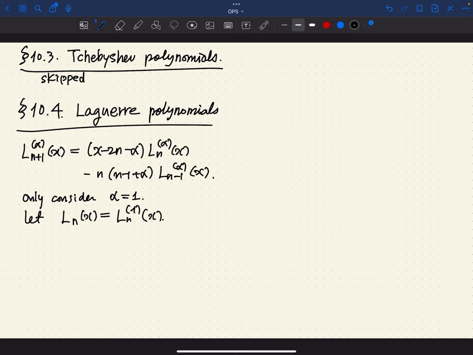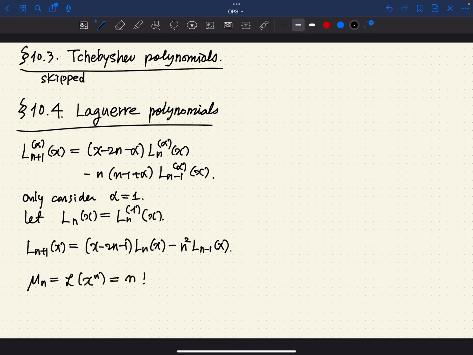Then of course we can rewrite the recurrence in this way: x minus (2n minus 1) L_{n-1} minus n squared L_{n-2}, and like this. So it's nicer. And we already know that the moment of the Laguerre polynomial is just n factorial, which is of course the number of permutations on n letters.